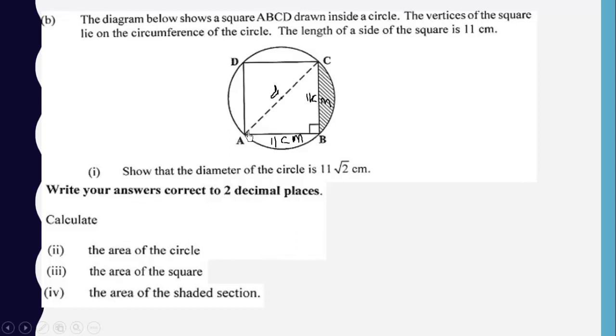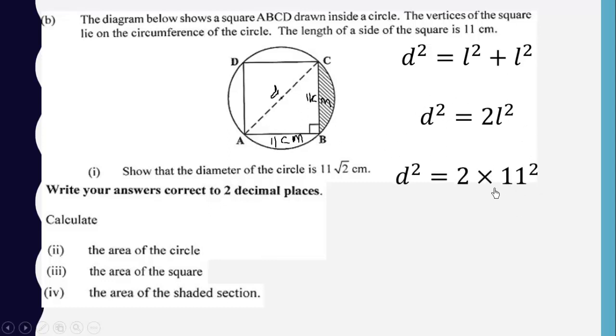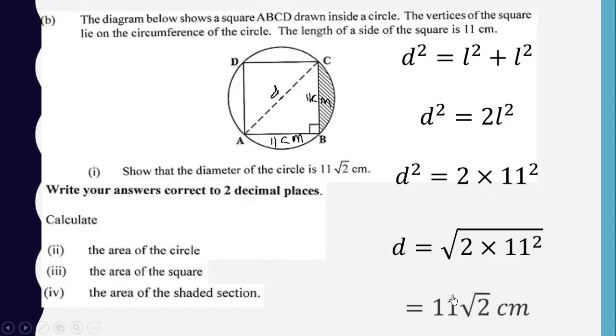Now this is a right angle triangle, so we just go by Pythagoras theorem. We have d squared equals l squared plus l squared, so d squared will be equal to 2l squared, but l is 11 centimeters, so we substitute. Now we take the positive square root, since it's a distance, then we simplify to get 11 root 2 centimeters as required.